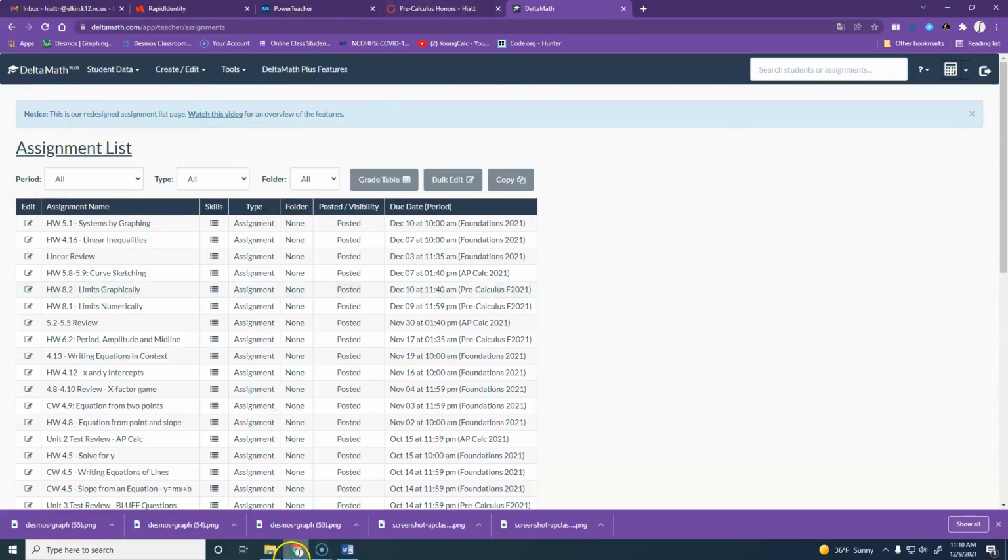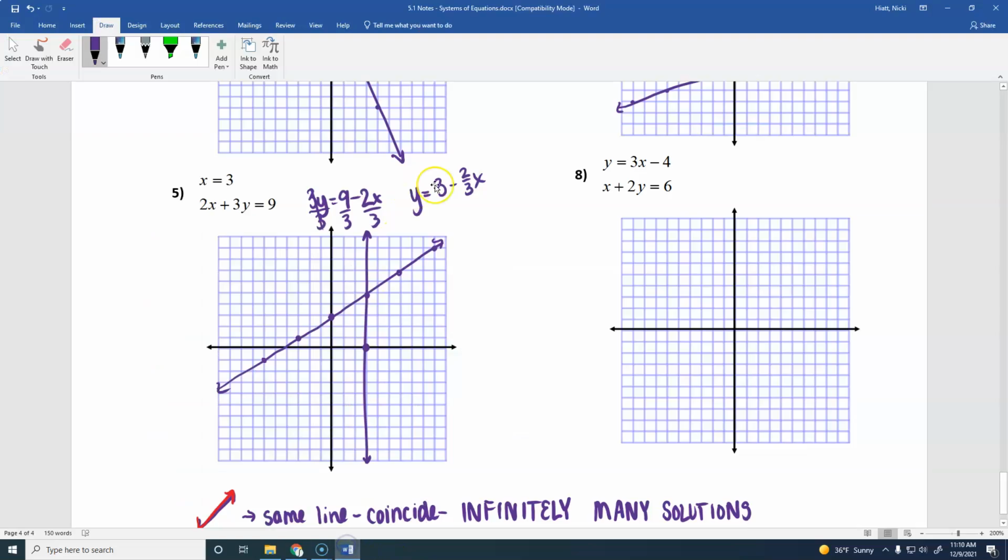All right, it should show up where it's the one that you're supposed to do right now. I think so, because it is a coordinate pair.